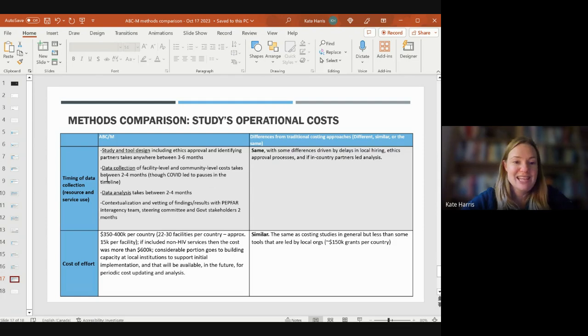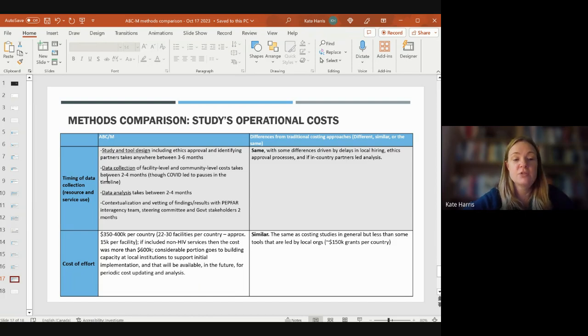In terms of what it takes to actually conduct an activity-based costing for management study, in terms of time, it takes about 3 to 6 months to design the study and the tool. This range can get caught up in ethics approval or identifying partners, so there's quite a range. On data collection, and granted this occurred during COVID so there were some pauses, that can take about 2 to 4 months. Data analysis and data cleaning could take another 2 to 4 months.